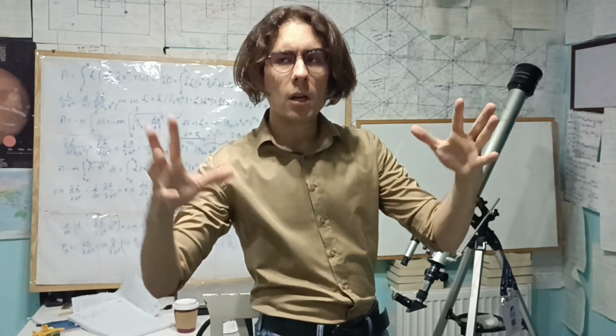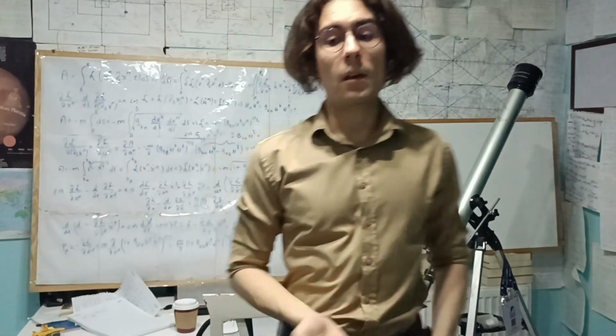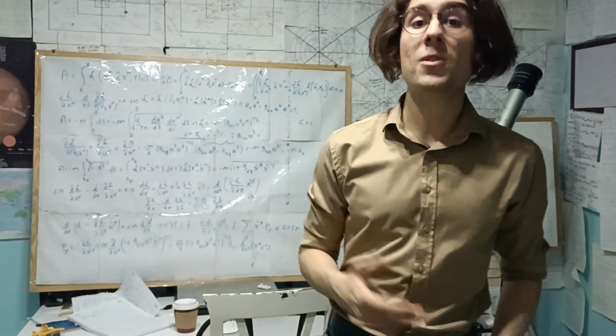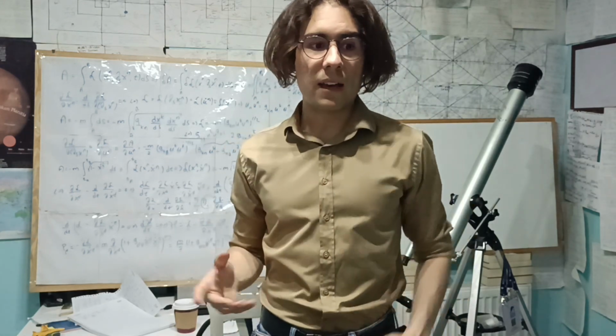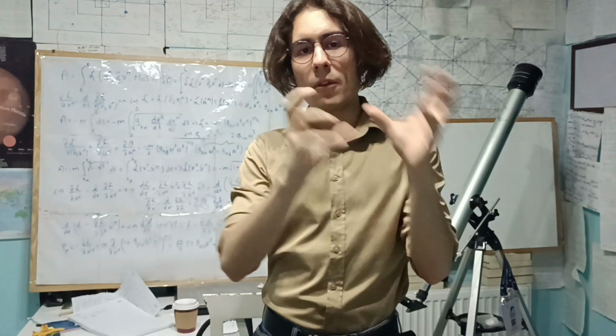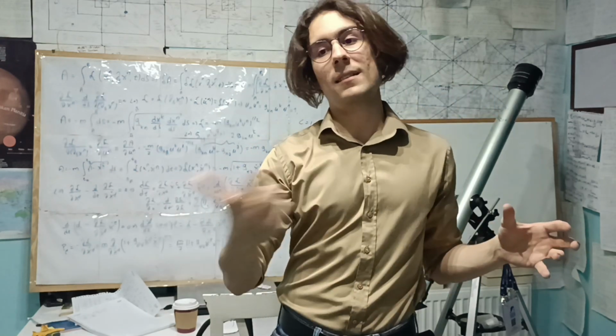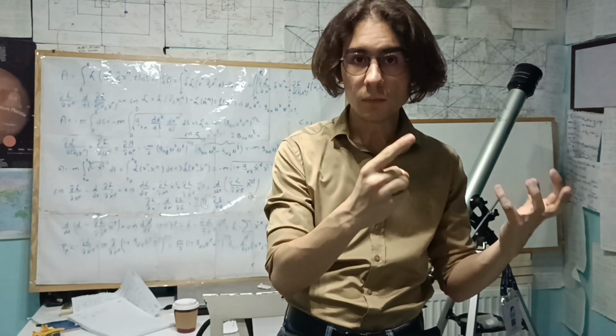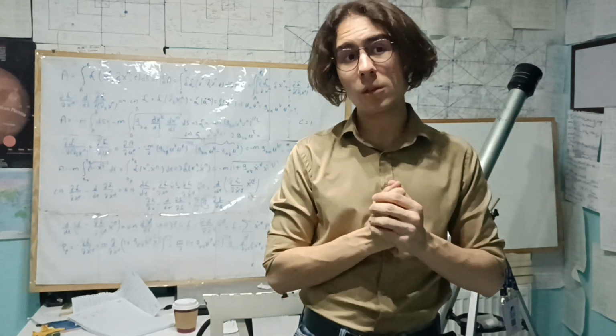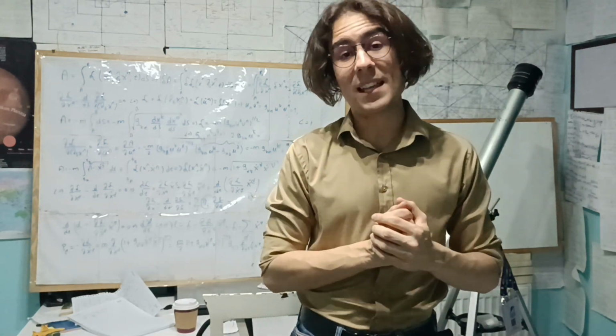In that case, the gravitational field is non-conservative, so you cannot write it down as the divergence of some vector field. So it's going to have a curl, right? The curl means that it's not stationary anymore.